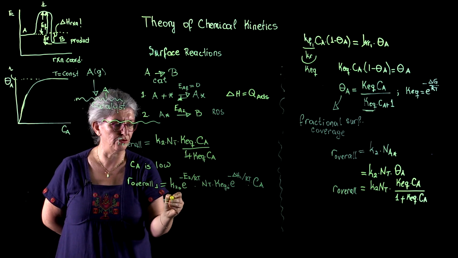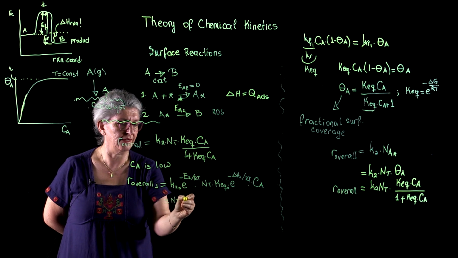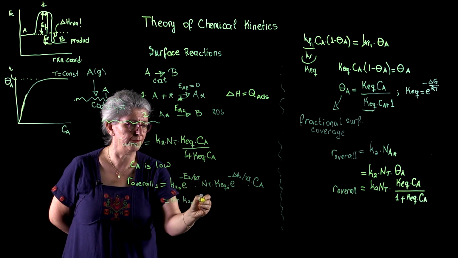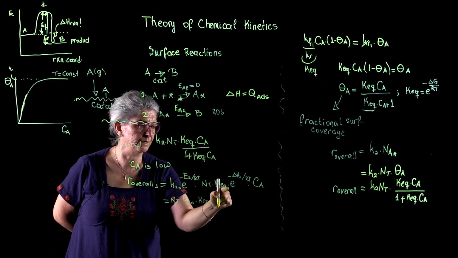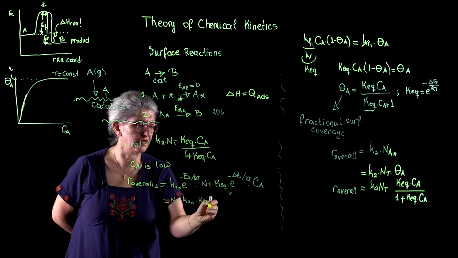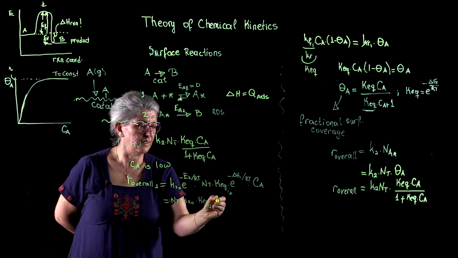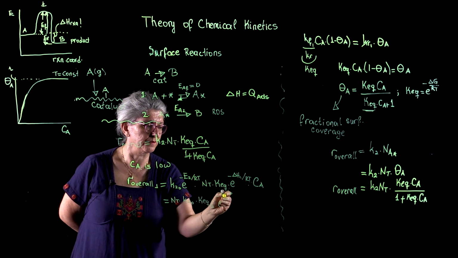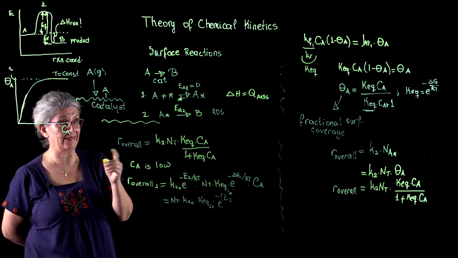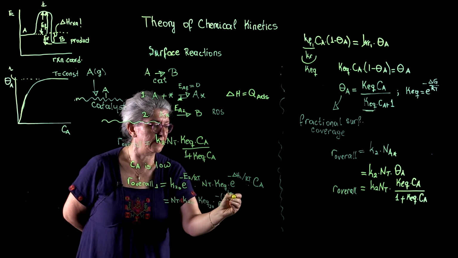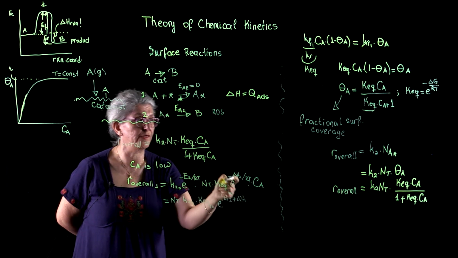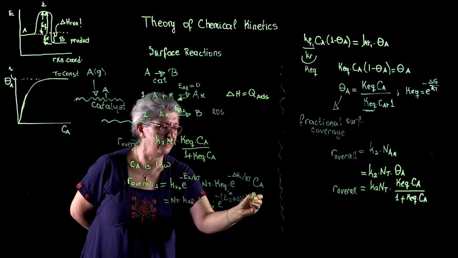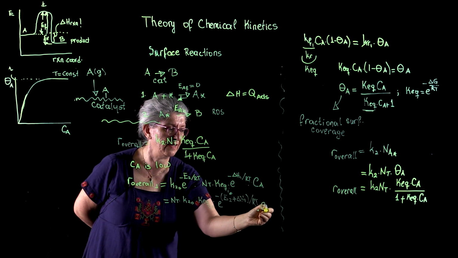That is going to be N total times K20, then times K equilibrium 0, the equilibrium constant of the first reaction, times e to the minus E2, activation energy of the second step, plus delta H1, heat of adsorption of molecule A on the surface, divided by RT, times Ca.